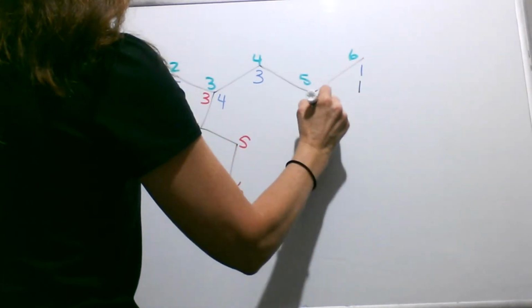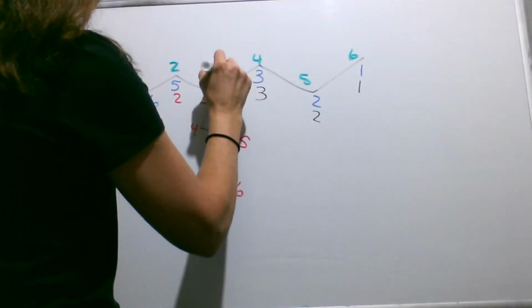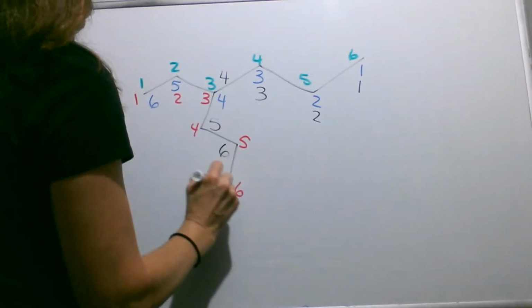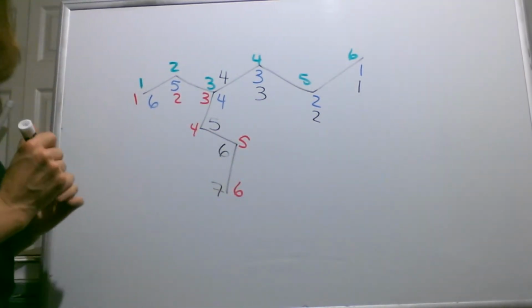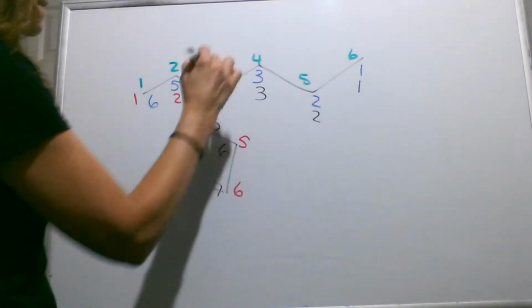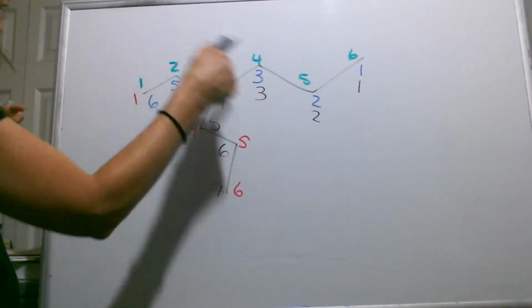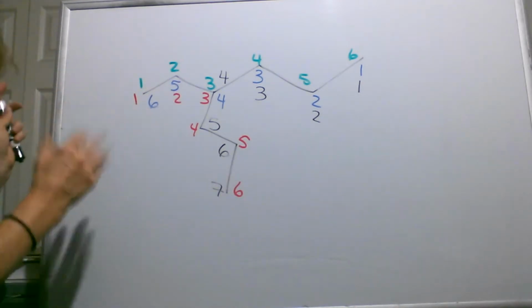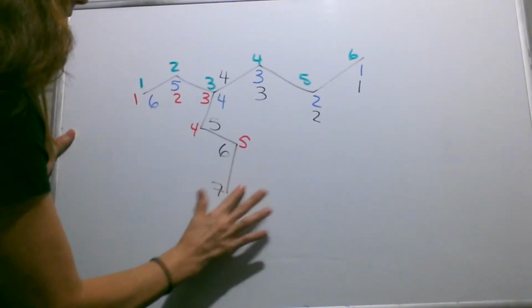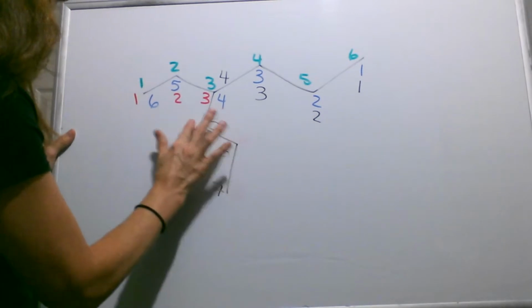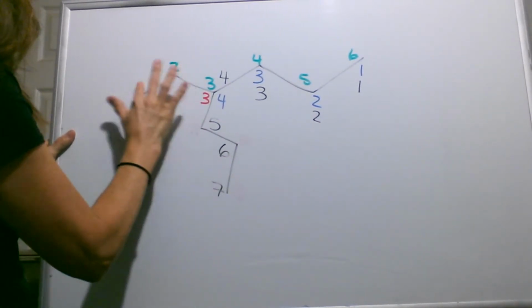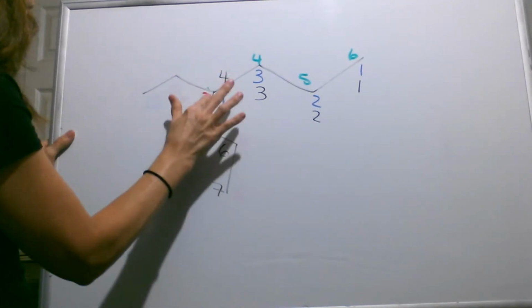So 1, 2, 3, 4, getting kind of complicated, 5, 6, 7. So notice that the numbering with the black set of numbers is giving us a 7 carbon chain, whereas so far everything else was a 6 carbon chain. So let me go ahead and erase all of those that gave us 6, because we know that's not going to be the case.